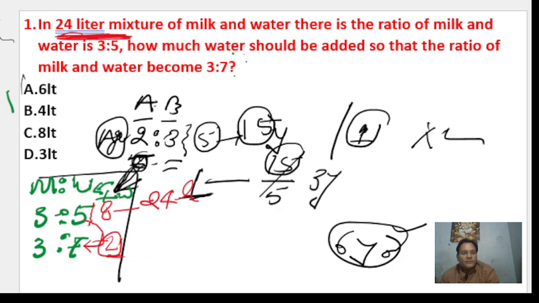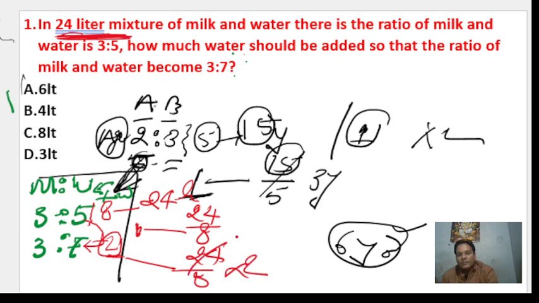So firstly, we will find the value of 1 unit. After that, we multiply by the 2 units. So the value of 1 unit will be 24 divided by 8, and to find the value of 2 units, simply 24 divided by 8 and multiply by 2. Here 3, and you can see the 6 liters is the quantity he should add to get the ratio of 3:7.